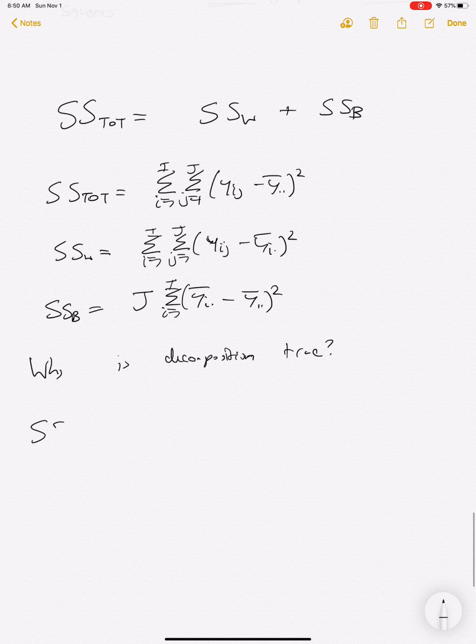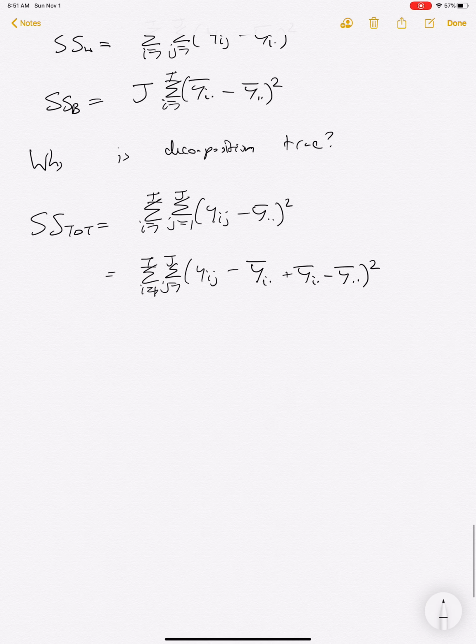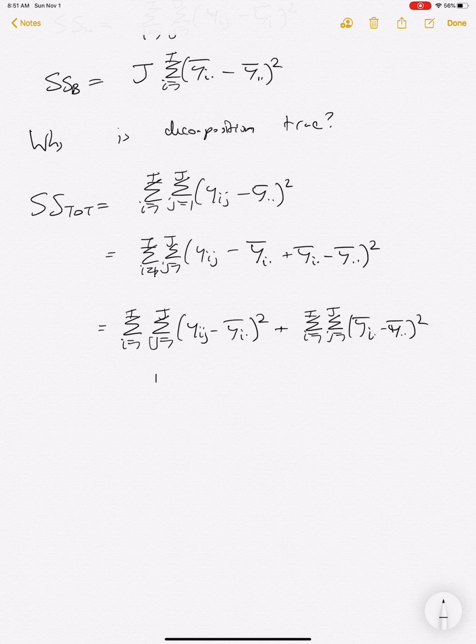We can see that SS tot is equal to, okay, and that equals to, so then we're going to subtract off the group mean and then add the group mean back on, and we can simply just expand out the square to get, okay, and then we're going to get our cross terms.